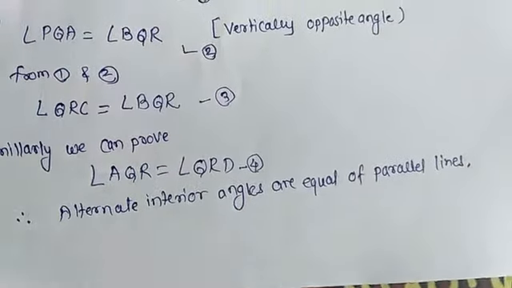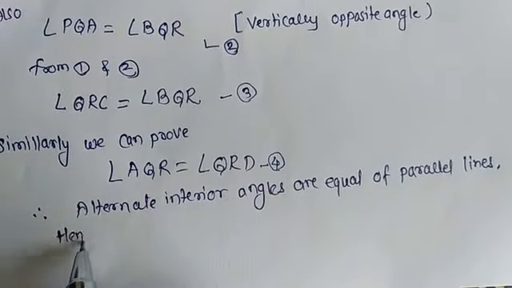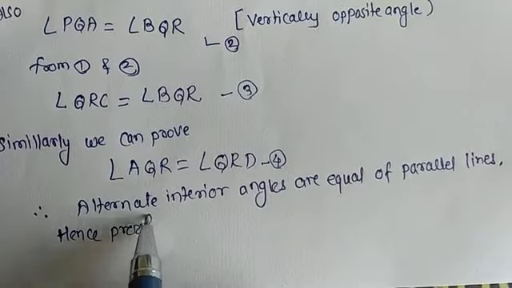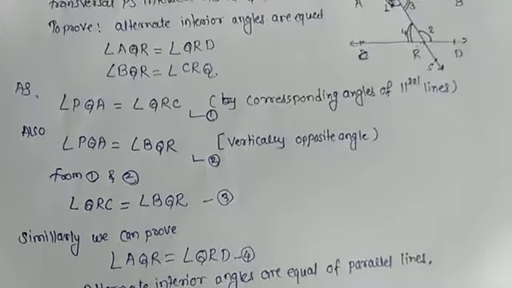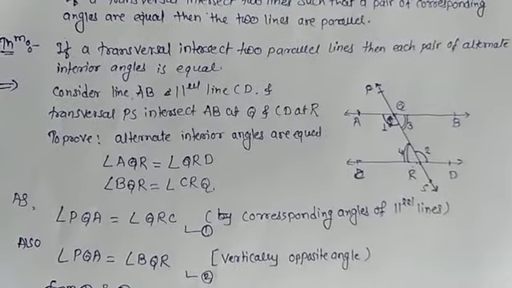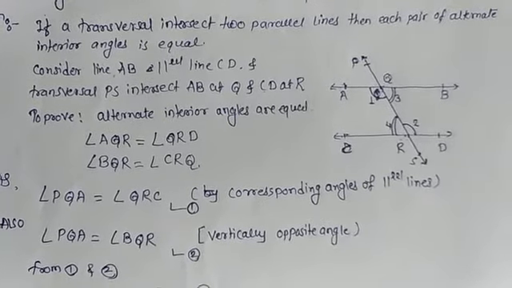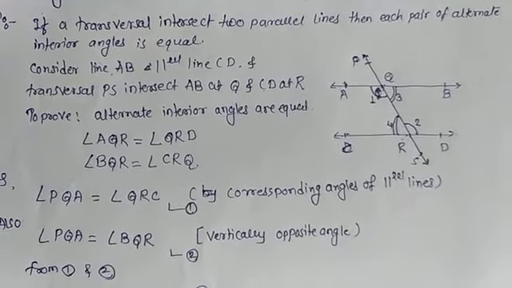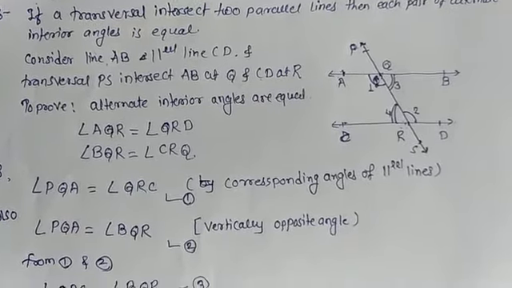Hence proved. So this is a proof of the given theorem: if a transversal intersects two parallel lines, then each pair of alternate interior angles is equal.